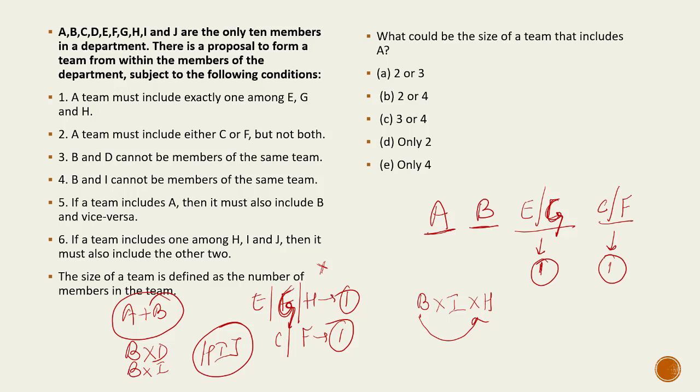I have already ruled out H, I, J, D has been ruled out. 4 persons have already been ruled out. Out of these two groups, only one can be selected. Both cannot be selected. So what could be the size of a team that includes A? Our answer here should be only 4. A, B, one person out of E and G, and one person out of C and F.